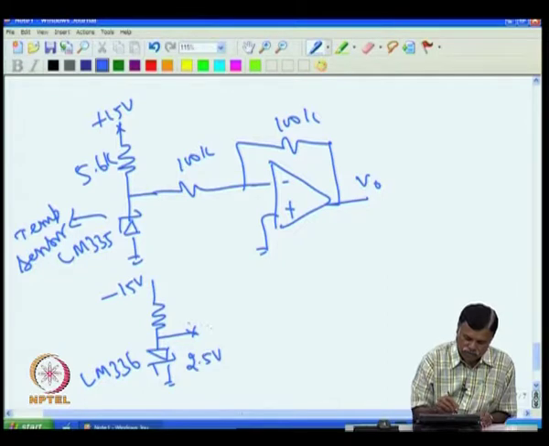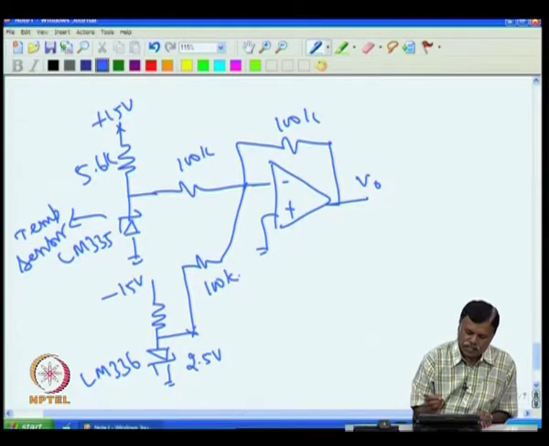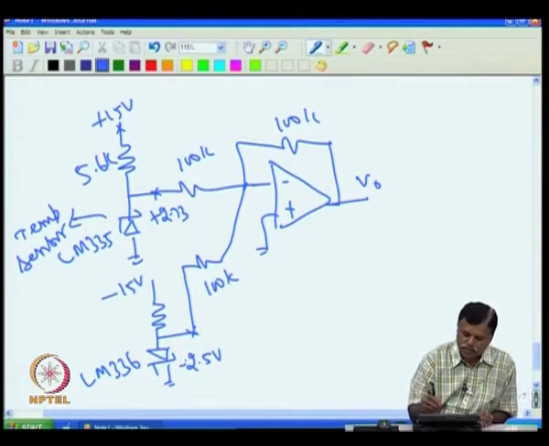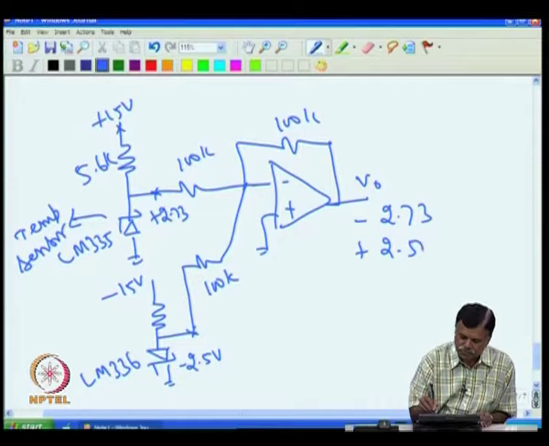So, I can do one thing, I can connect this 100 K and connect to this. Then, when the sensor is kept at 0 degree C, I will get here plus 2.73 volt, and at that time this is minus 2.5 volt. Then I will get the output, the difference between these two, that will be minus 2.73 and this gives you plus 2.5.